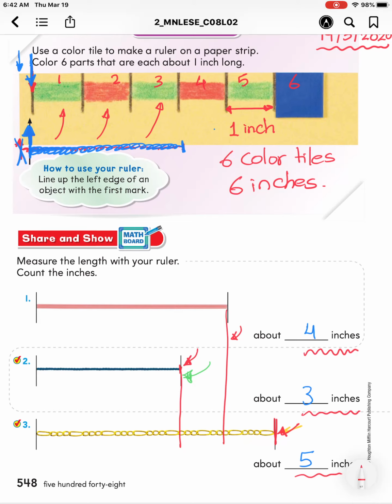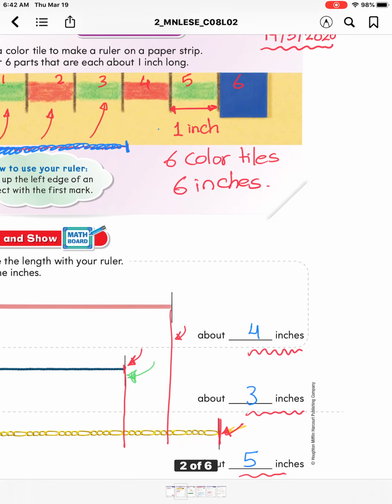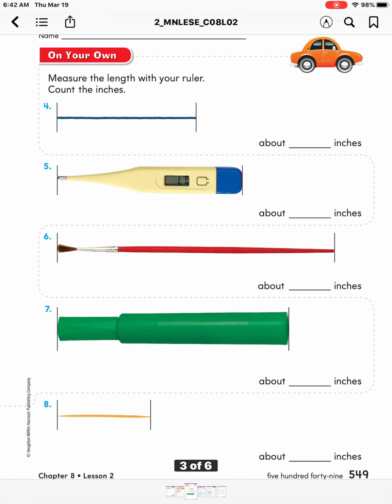Now let's move to the next page. Now we finished page 548. We are moving to page 549. Now here in this page, you are asked to use the ruler.